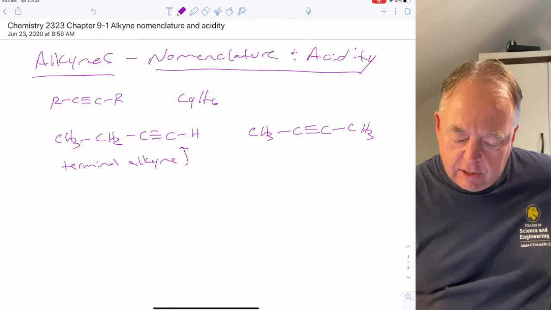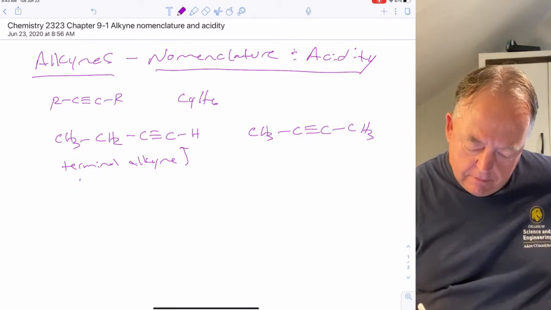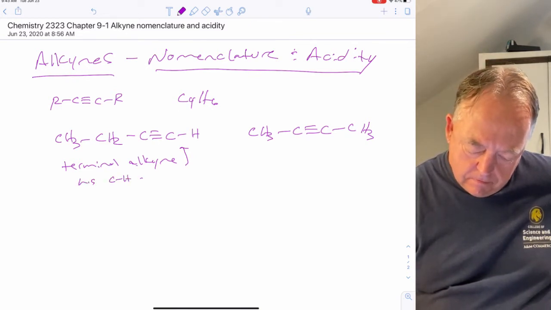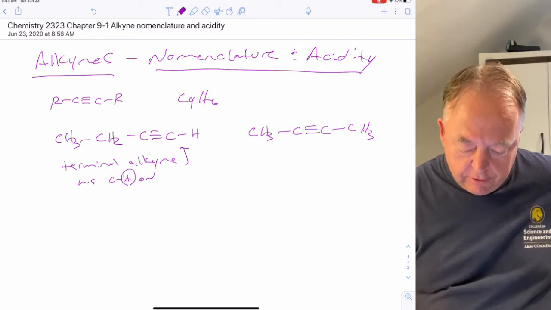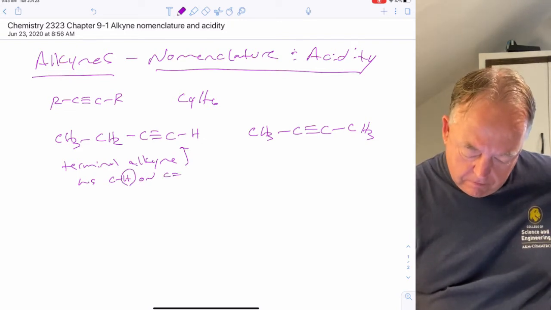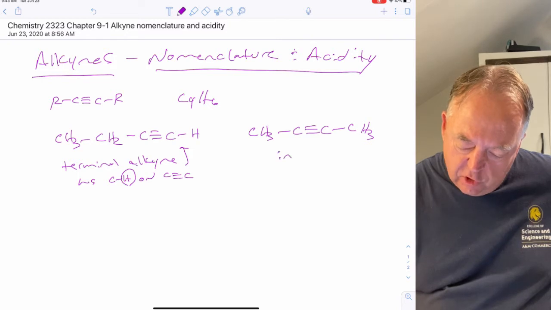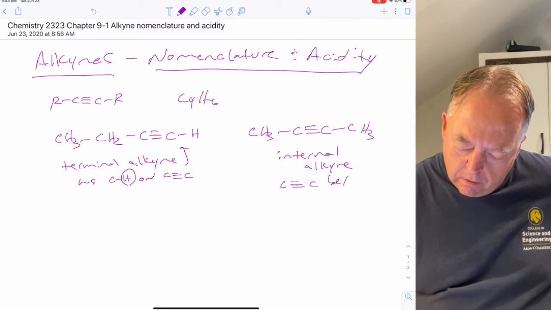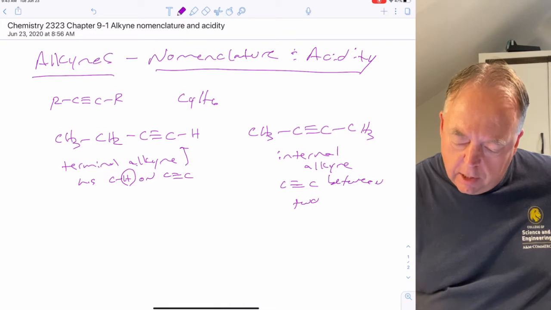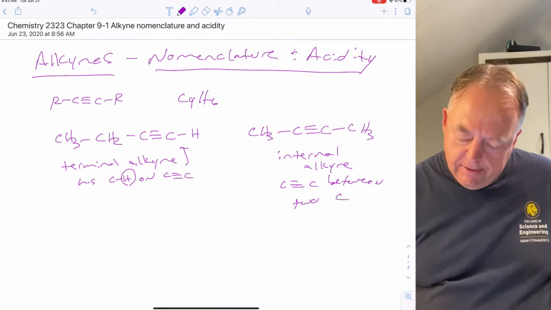It has a hydrogen on the triple bond. Whereas this would be an internal alkyne. In this case, the triple bond is between 2 carbons.